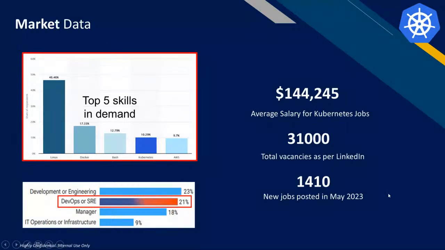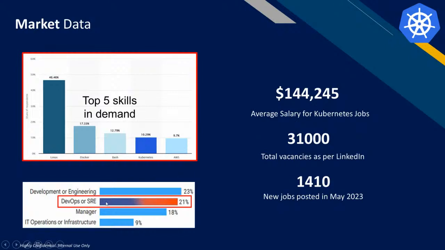This is 23, and we are sitting in the middle of 24. The demand for Kubernetes has gone up. And of course, everything would be based on the cloud. So you cannot deny that you need to know all these things.